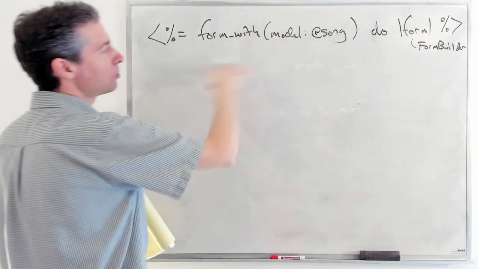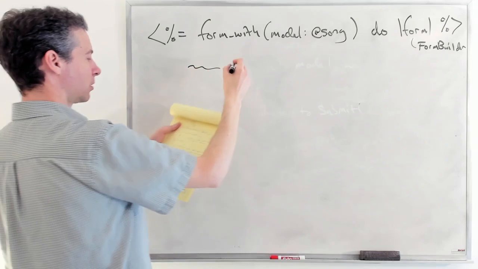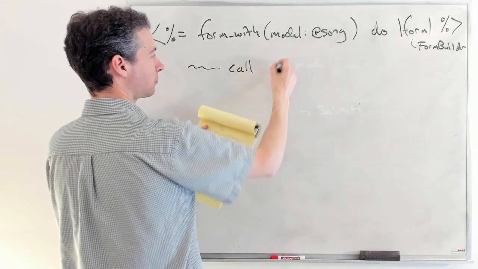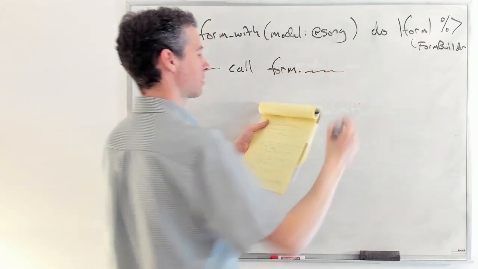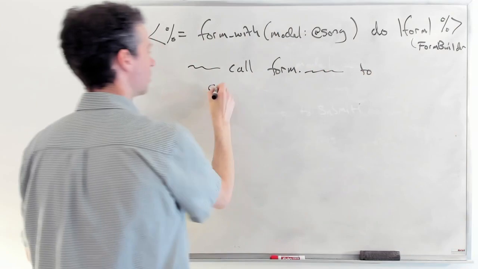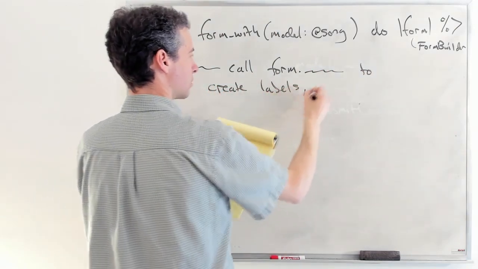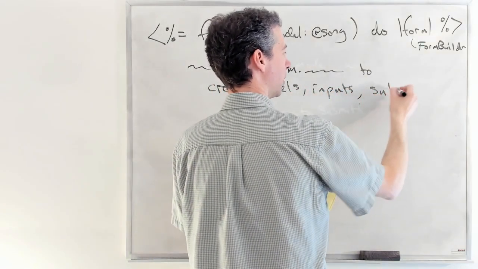And then we're going to use our form builder in here. I'm not going to write the code right now, but in here we call form dot, and we'll have something like this. We're going to use this to create all of our labels, our inputs, and the submit button.